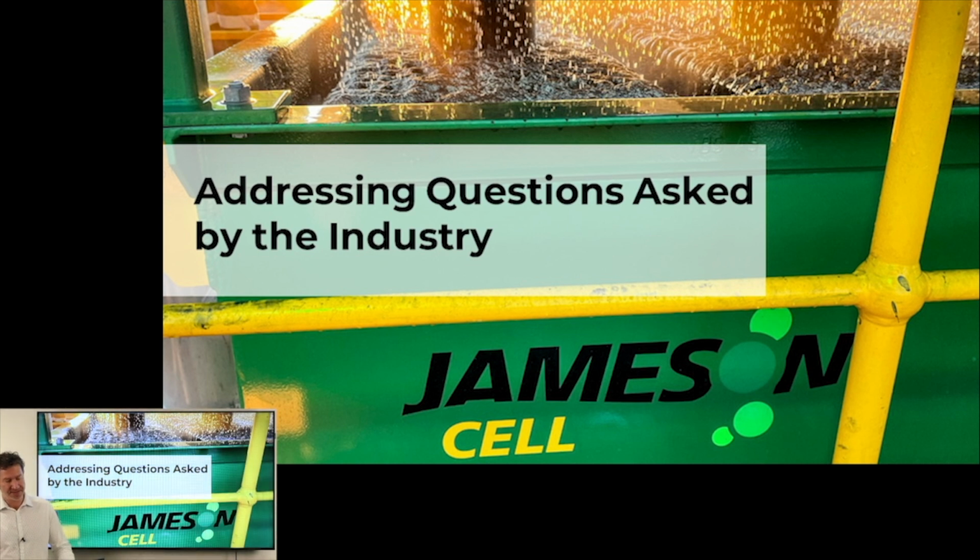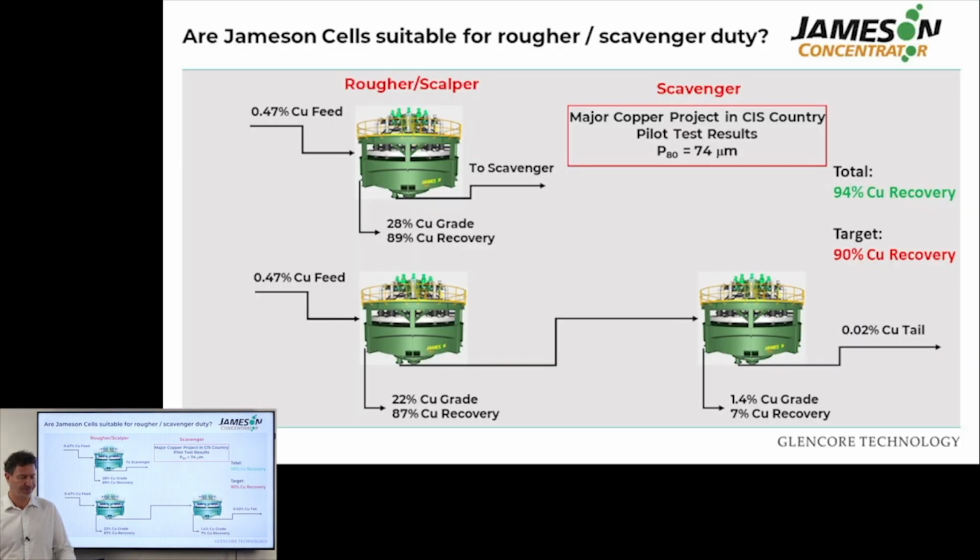Now, in the next few slides, I'm going to be talking about some common questions asked by the industry. First, a very typical one: are Jameson cells suitable for rougher scavenger duty? While most people are aware of the high performance in cleaning duties, many people are not aware of the good performance in rougher scavenging applications.